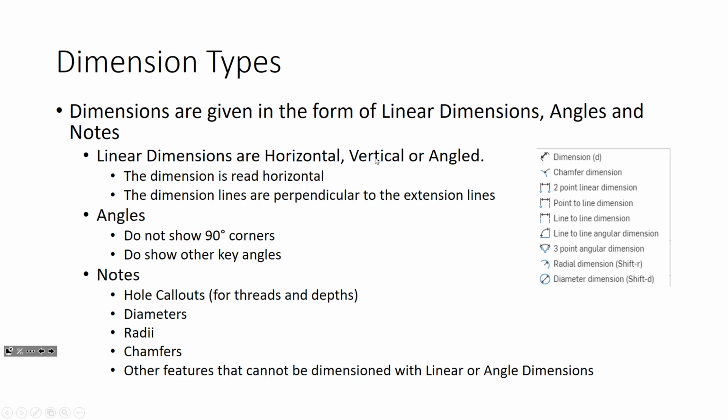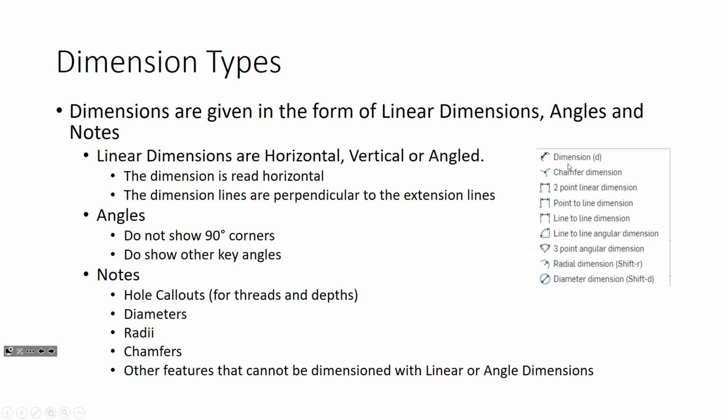Dimensions can be horizontal or vertical or angled. We have angles as well. We don't typically show 90-degree corners or 360 degrees or 180 degrees. Anything that's really obvious, we're going to leave off. Notes, we can have callouts that have threads and depths for holes. We can have radii or diameters.